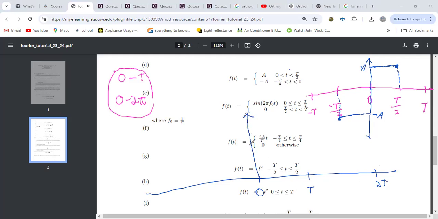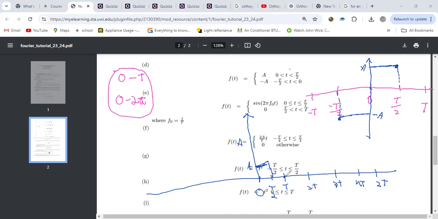So from 0 to T is A. I shouldn't draw it so big, so I'm going to shorten that: T, 2T, 3T, 4T. From 0 to T, half of this would be T on 2, so you end up with A here. And then for the rest, from T on 2 to T is nothing.